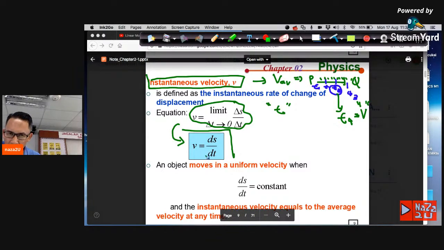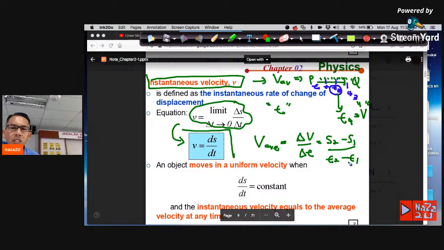But if you compare to the average velocity, in the previous slide we have the equation delta S divided by delta T, or S2 minus S1 divided by T2 minus T1. So we need the change of the displacement and the change of the time.